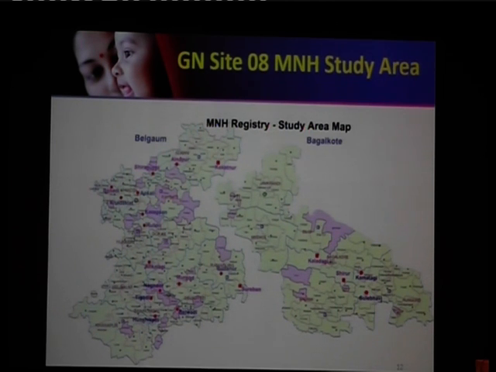Belgaum district has 10 blocks and Bagalkot district has 6 blocks. We have selected 20 clusters in Belgaum district and 4 clusters in Bagalkot district. The distribution of clusters is such that it represents the entire district. That is the significance.